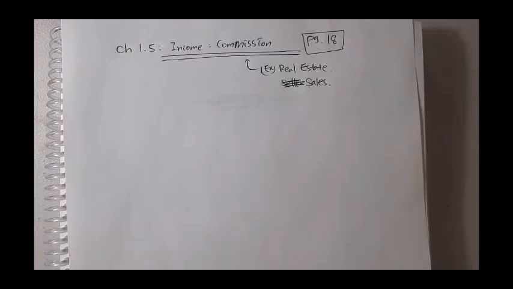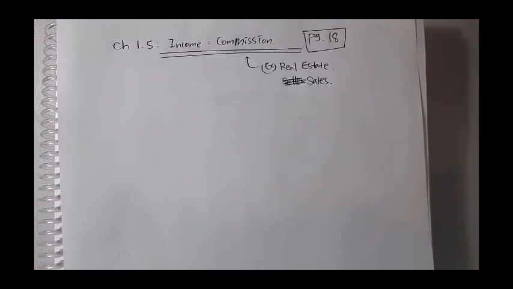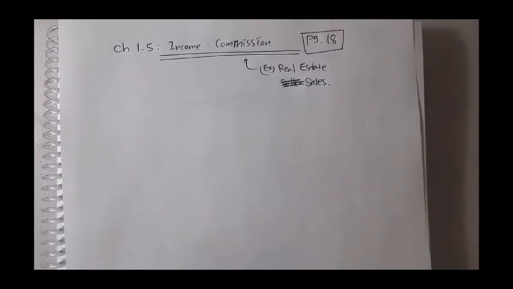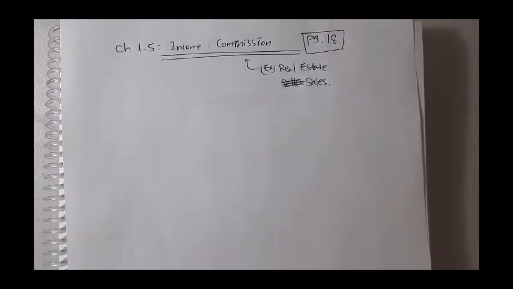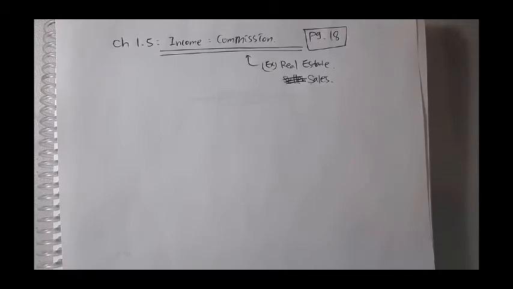Now, one thing that I want you to understand is when it comes to any type of commission, you need to master this percentage skill. Because commission works like 15% out of your whole paycheck, something like that.